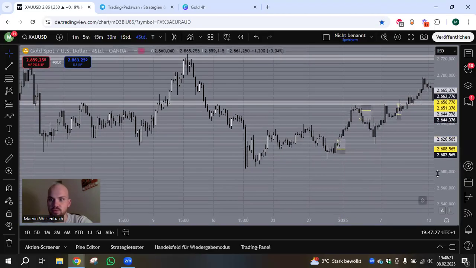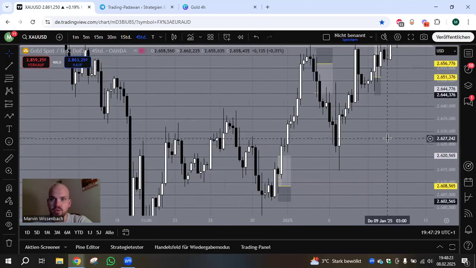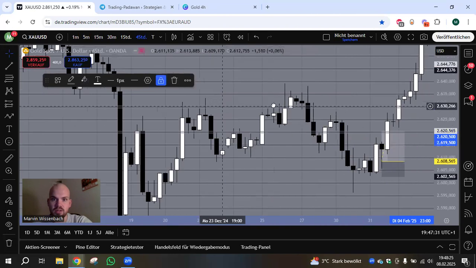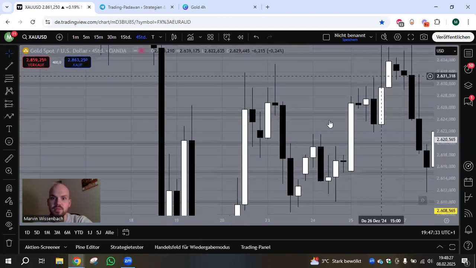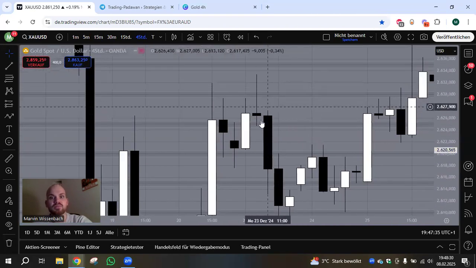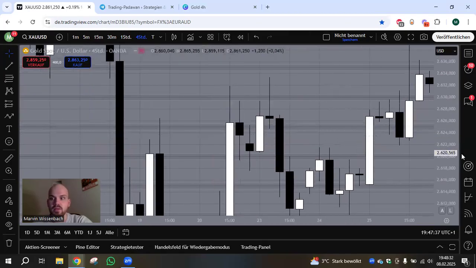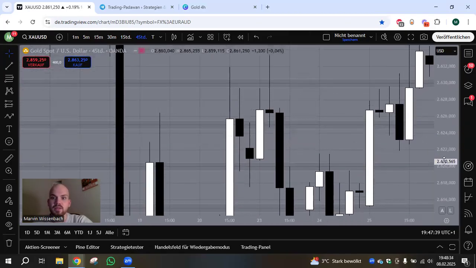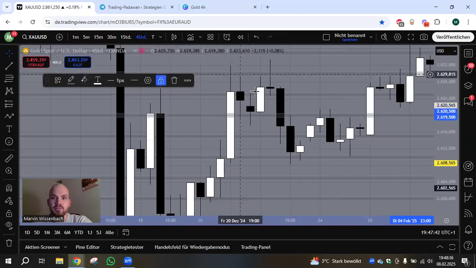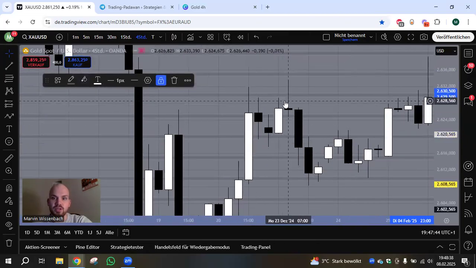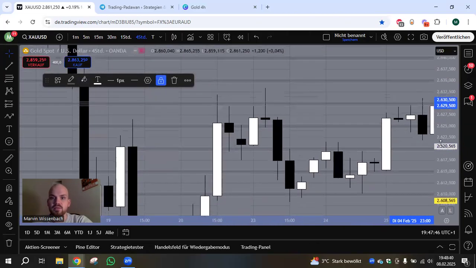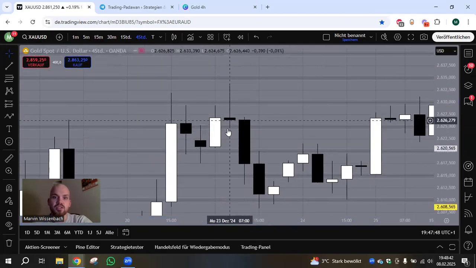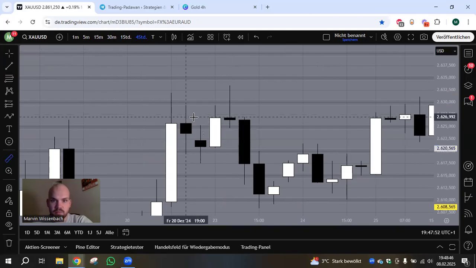A beautiful example for a shooting star is this one right here. These don't come up often, but it does happen. So we have a move up in the market, and we actually have somewhat of a consolidation as well, but also we have a shooting star. So the candle opened at this level.